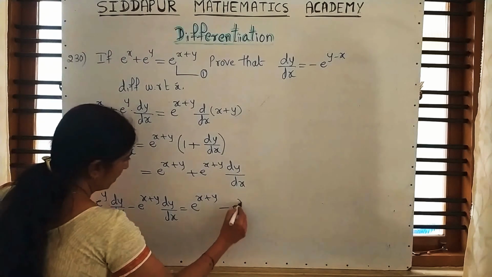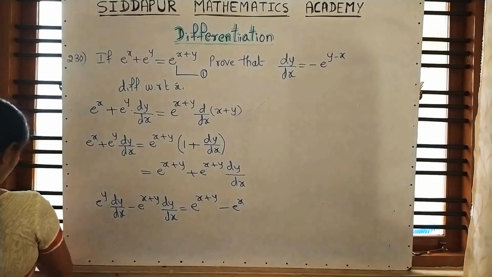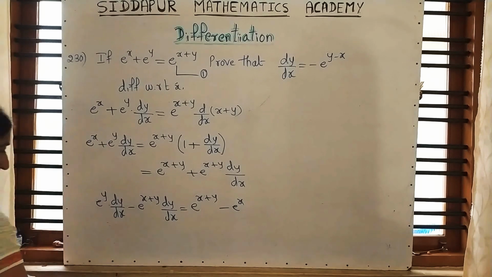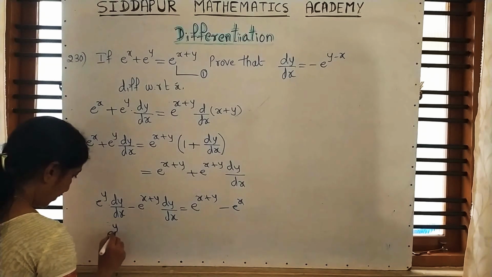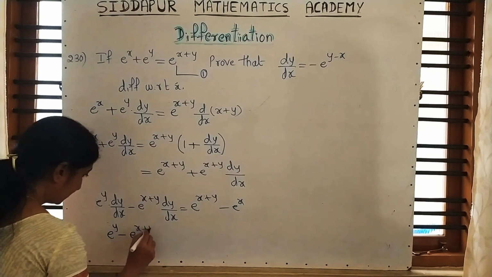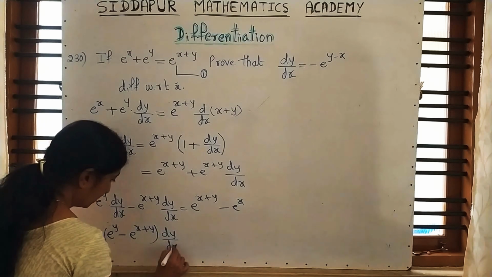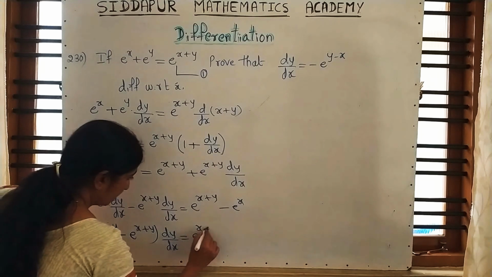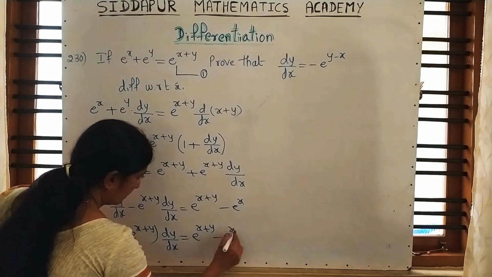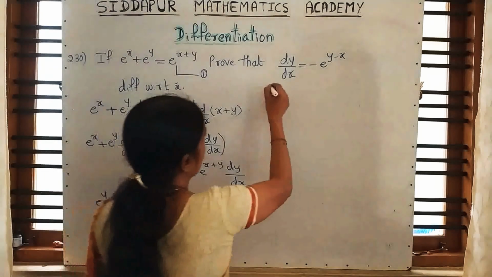Just do the rearrangement of the terms. Take dy upon dx common. Then write down dy upon dx here.